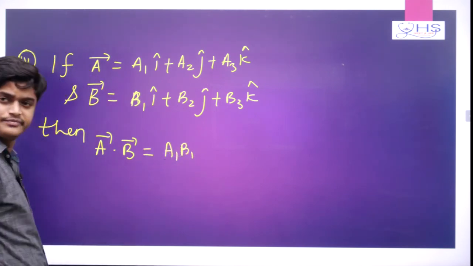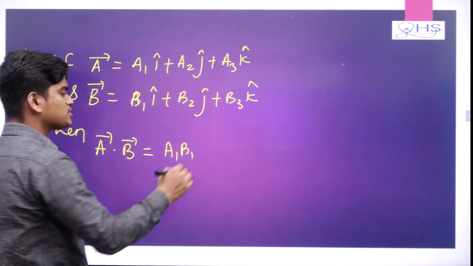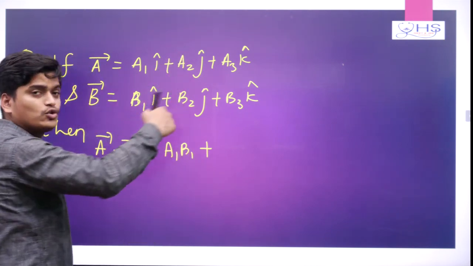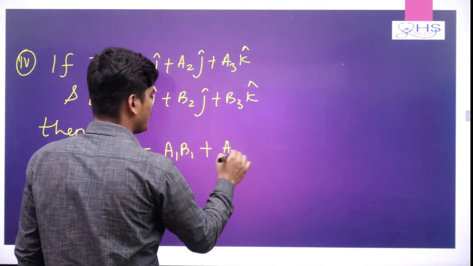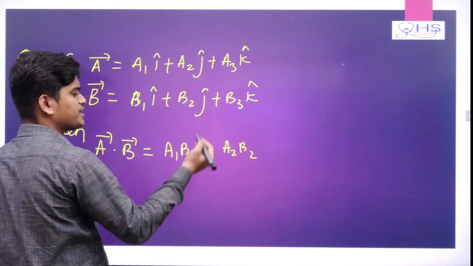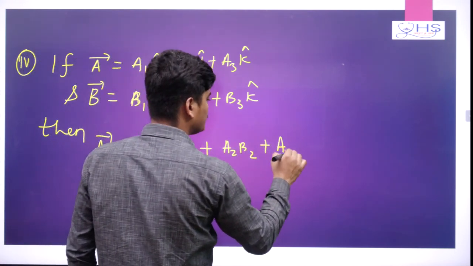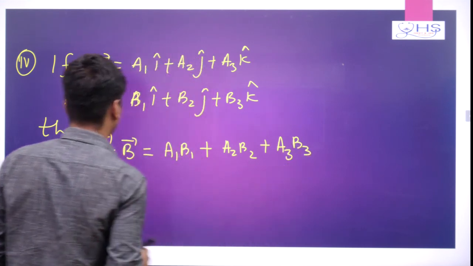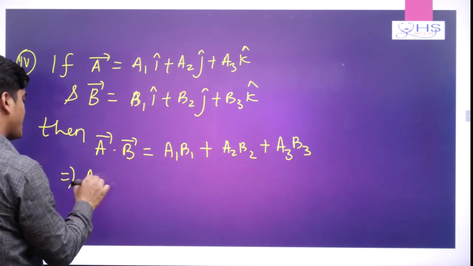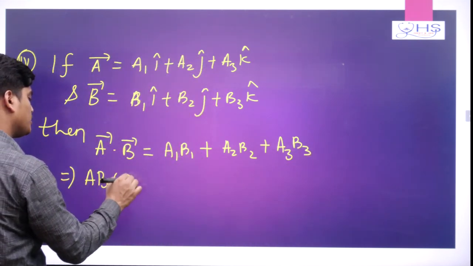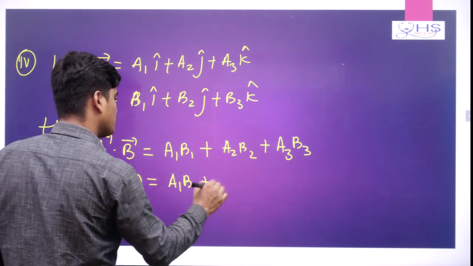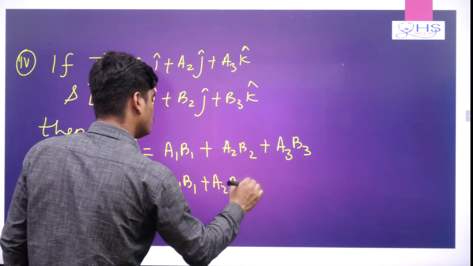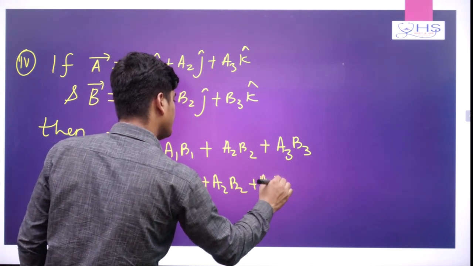Plus a2 into b2, because j dot j is 1. Plus a3 b3. So a dot b is nothing but ab cos theta, which is a1 b1 plus a2 b2 plus a3 b3.